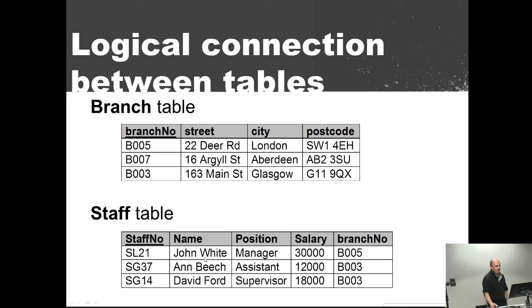Here I have the names of my staff members, their position, their salary, and where they work, because it's a company which, in this case, has several branches. And I have a branch table with all the different branches of my company. In this case, I have three places: London, Aberdeen, and Glasgow.